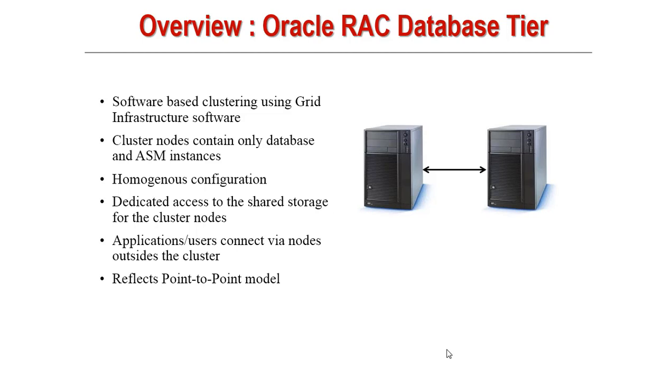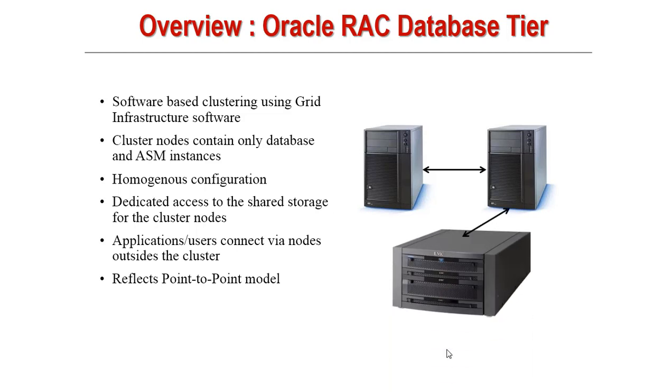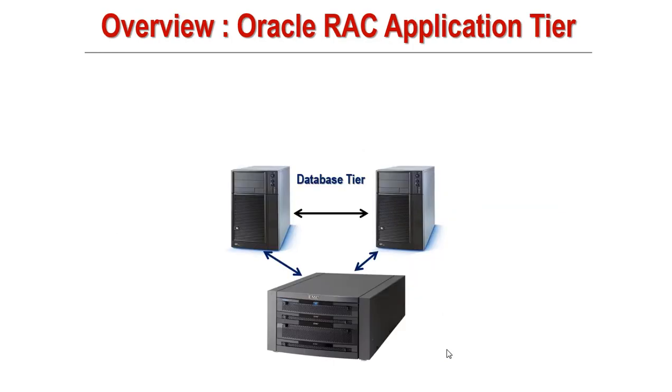From 12c onwards, the number is 2000, and these nodes connect to a shared storage, which is presented to each node as if it is an exclusive shared storage available to each one of them. And this part is done by the cluster file system, which is deployed on top of this shared storage.